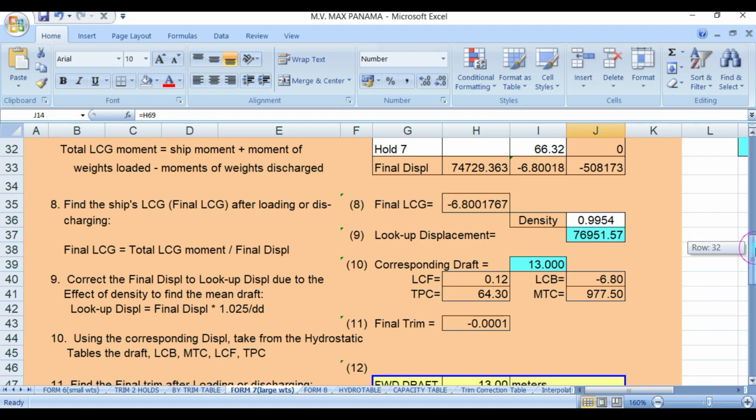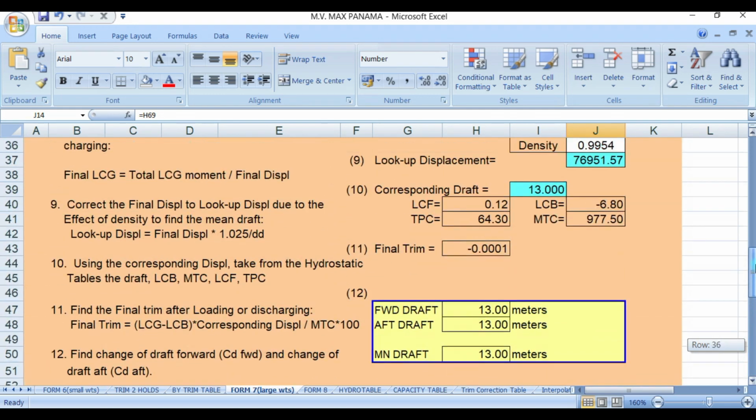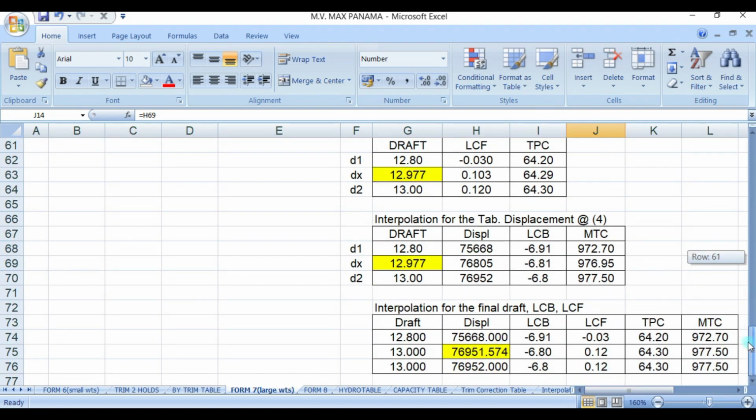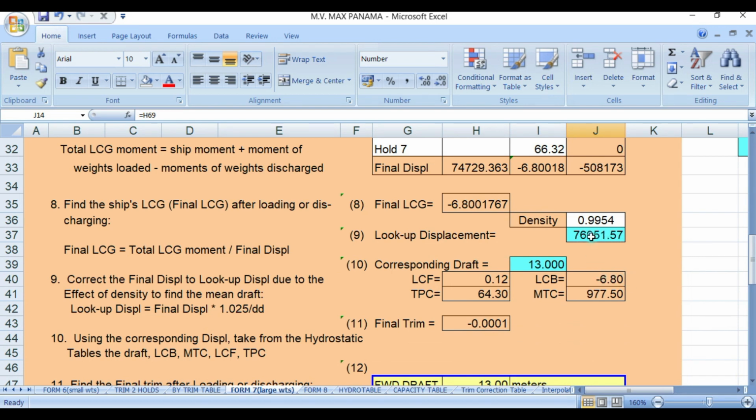So how do we apply that? Look at this one. This is the displacement value that we are looking for, 76951.74. This one, 76951.57. Okay, that will be 57. So what will be the value when we apply this formula?